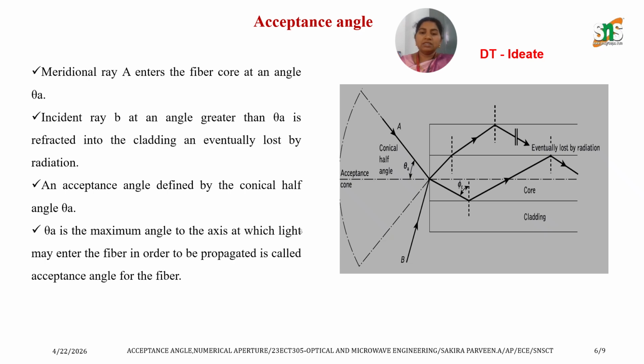If the ray is propagated in the cladding, it will be lost by radiation. If the ray passes through the core only, it will be passed on in the optical fibers. The ray which settles in the cladding part will be radiated. That is the concept of acceptance angle.